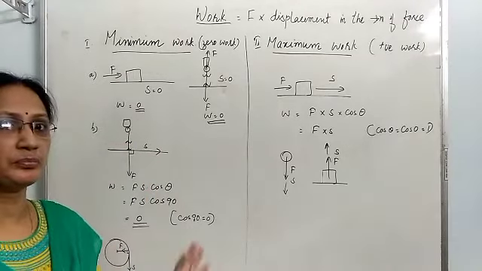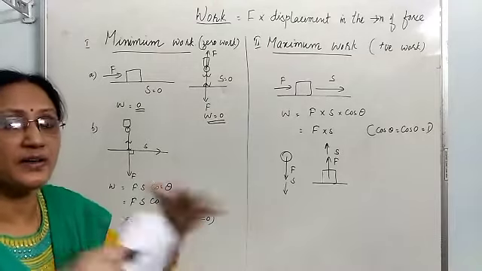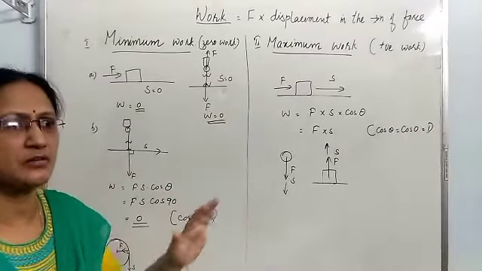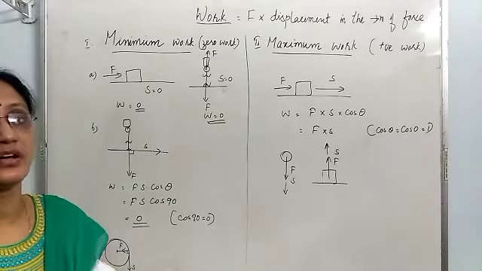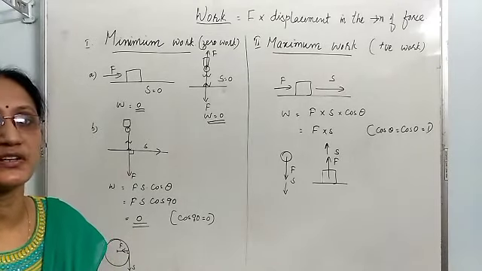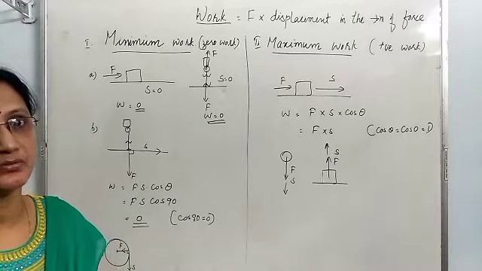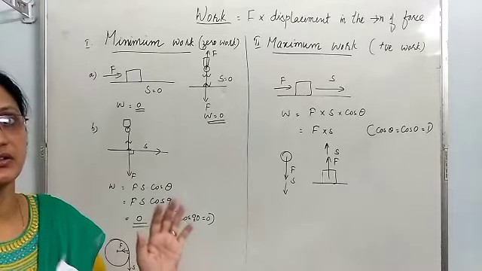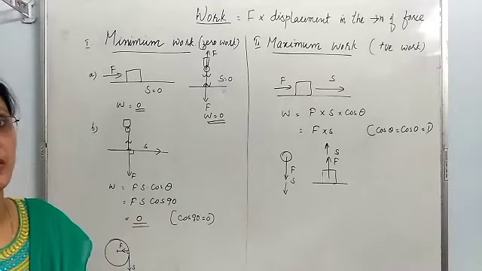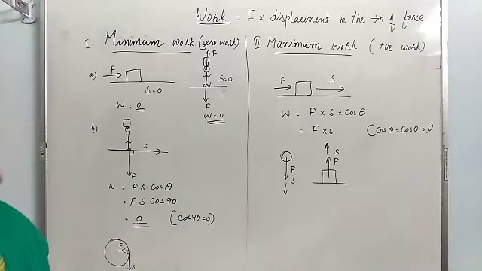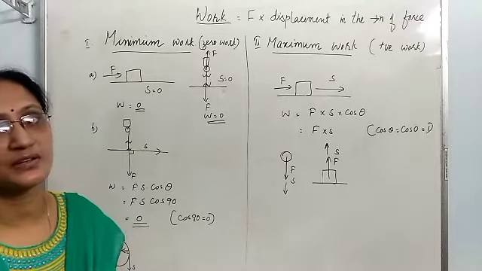Even though he pushes with all his might, the wall will not move. The man is applying force, but work done is 0 because there is no displacement happening. Since the force can't bring a motion on the body, the work done is considered as 0.